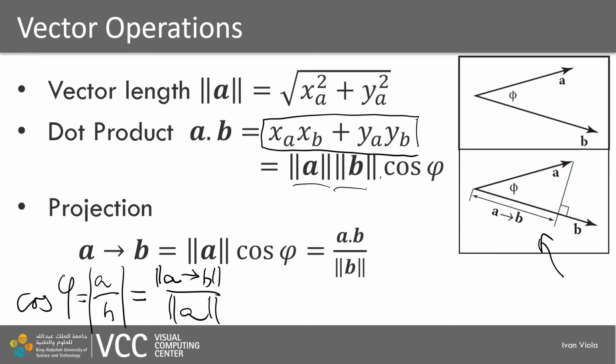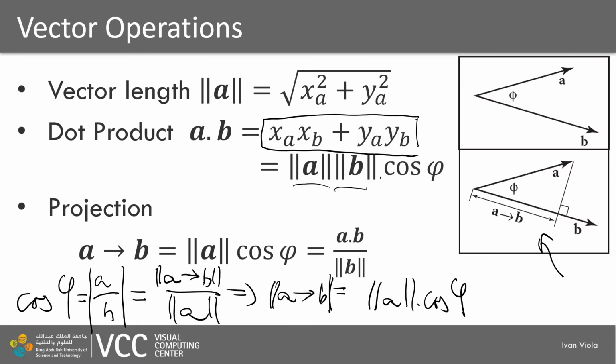and therefore this projection, the length of the projection of A onto B, is equal to A times cosine phi, because we put the length of the A onto the other side.